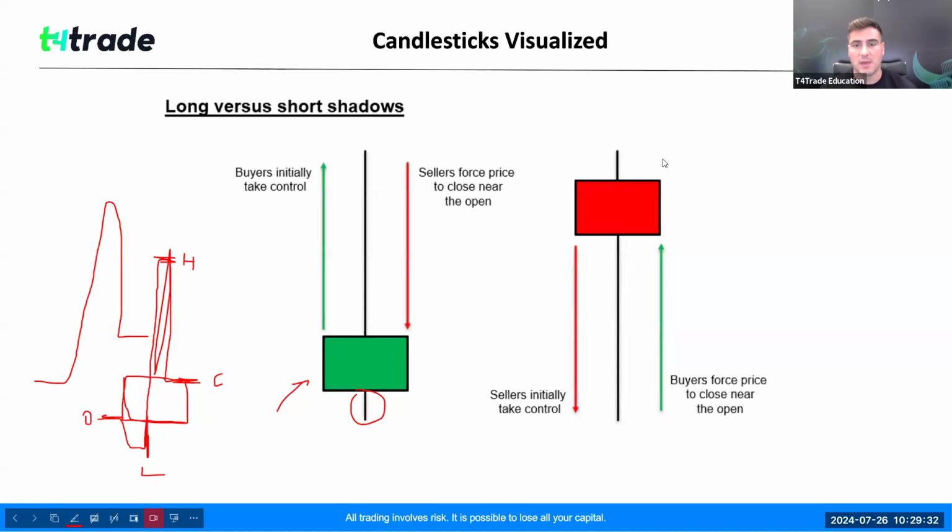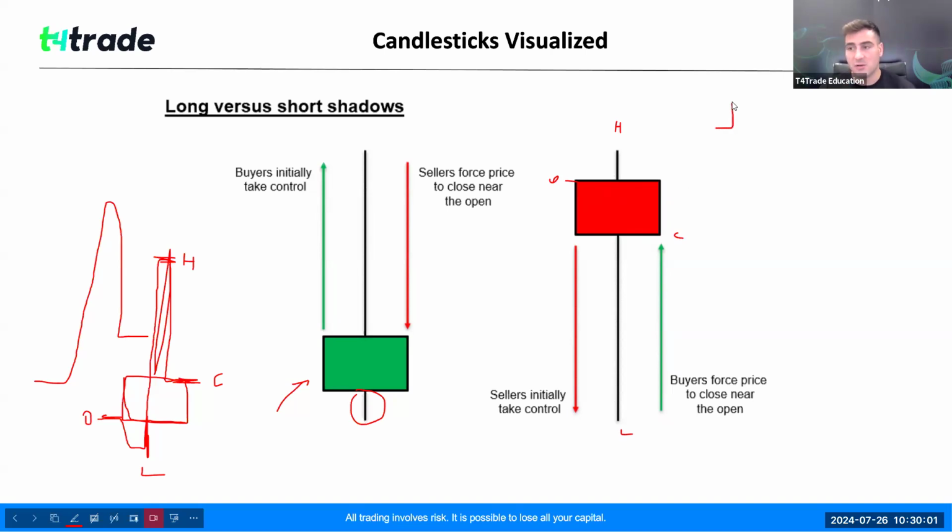Okay, same thing, basically completely the opposite, is with the bearish candle that we have in front of you. Open price obviously is up here, close price is here, high is this, and low is that. So we can extrapolate that price action opened up here, went to higher ground.